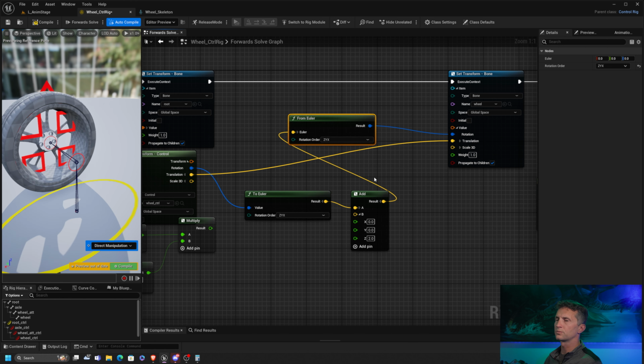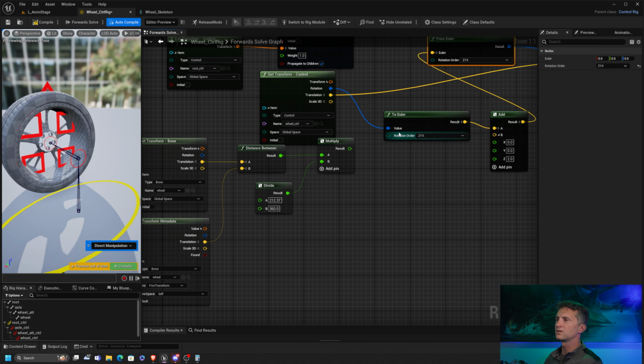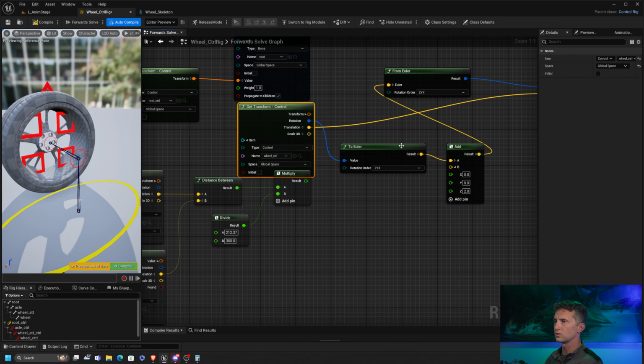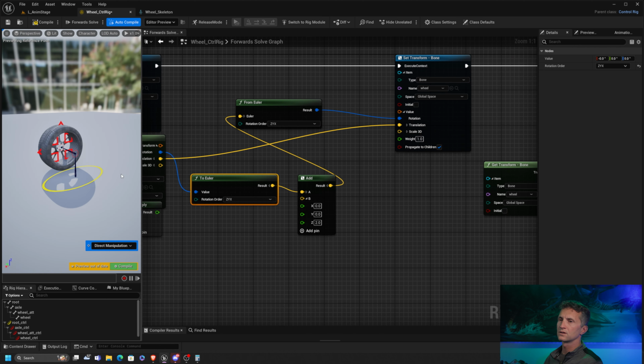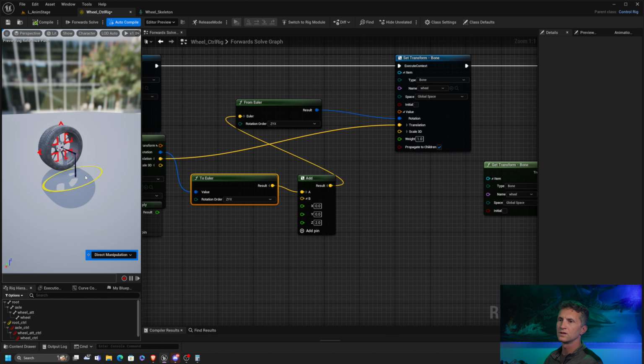All right, so this is just an experiment. So it's in the right place, which is cool. The value it's getting is the previous rotation of the control plus 2, and it's using that to set the joint. That's not really what we want, but I'm curious what it does, if anything.